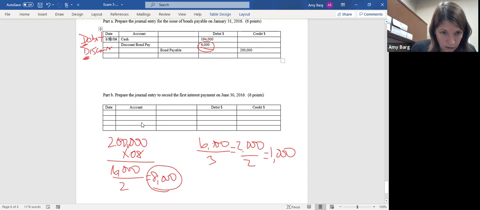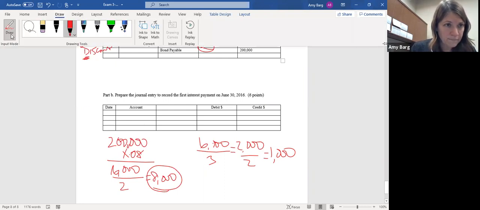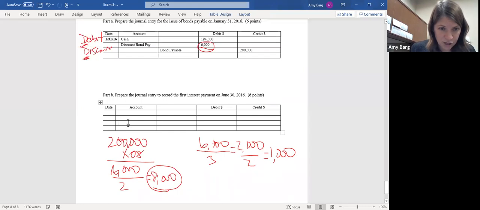So we know that the cash is always going to be the same. We're always going to pay cash of 8,000. The discount on the bond payable, we're going to write down by $1,000 every 6 months. The interest expense is actually a plug.